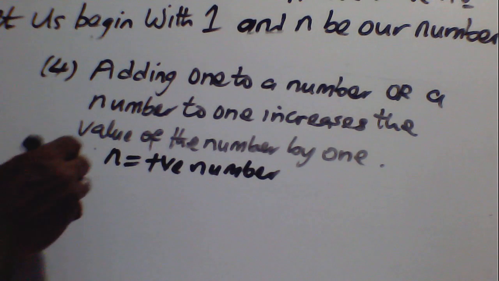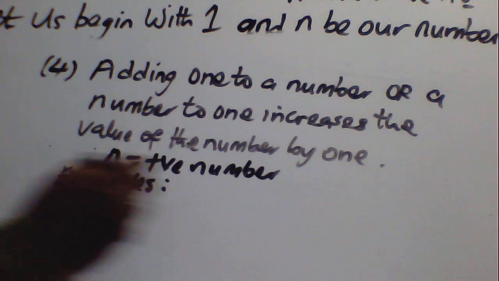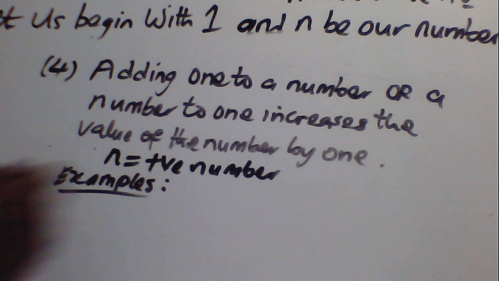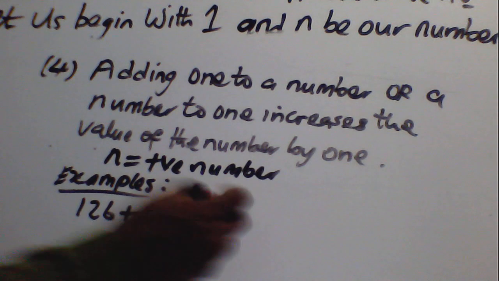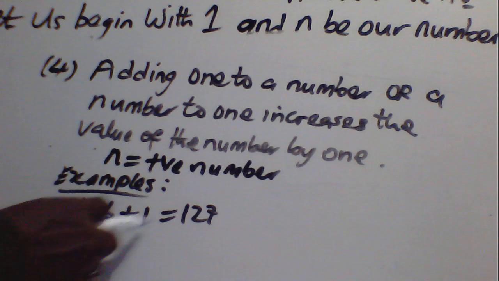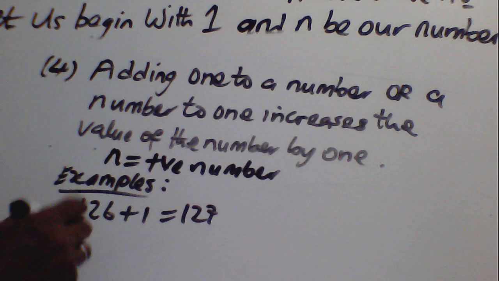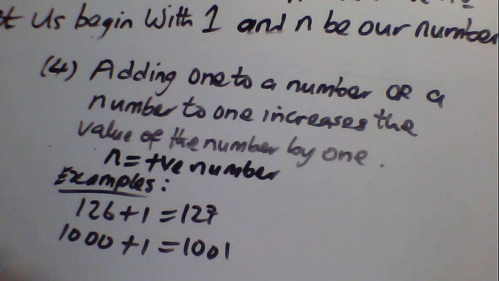So let's look at the examples. You have 126 plus 1 is equal to 127. So when you add 1 to a number or a number to 1, it increases the number by 1. That is, 126 plus 1 will give us 127. 1000 plus 1 will give us 1001. So that is it.